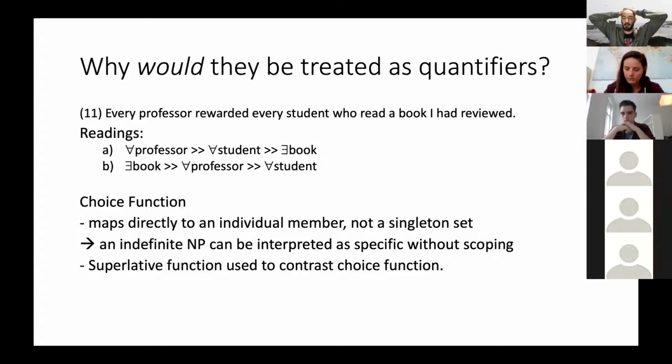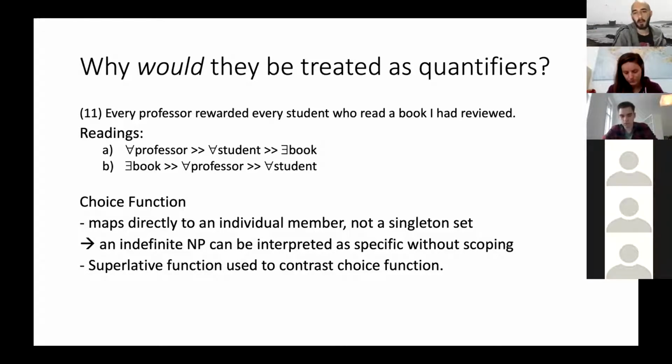So another difference between the use of a choice function and the run-of-the-mill use of the indefinite as an existential quantifier is that, if you have a choice function, the domain of quantification is provided by some operation, and then you interpret the indefinite by applying this choice function and picking one specific element of this domain.